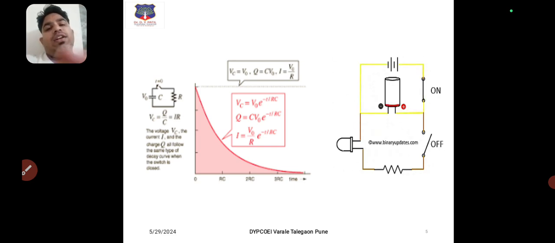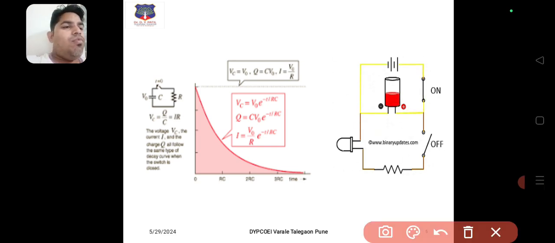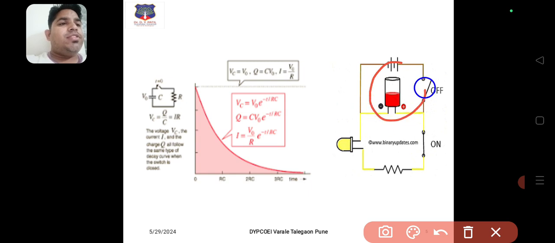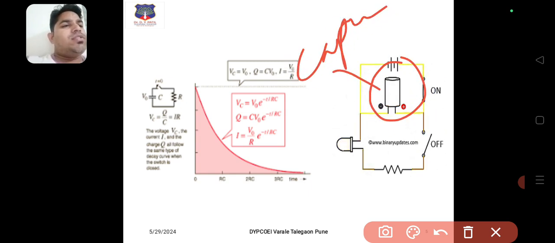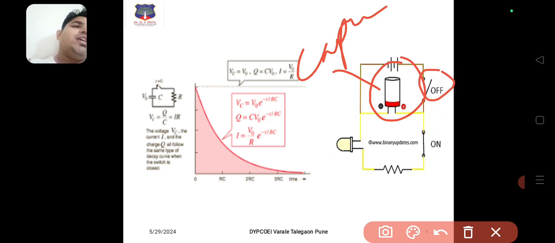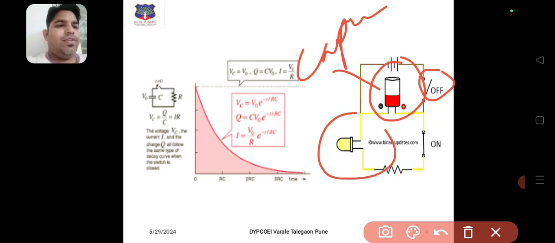You can see the diagram. It is nothing but the capacitor. When the supply is on, the capacitor charges, and when the supply is off, the capacitor discharges through the LED.